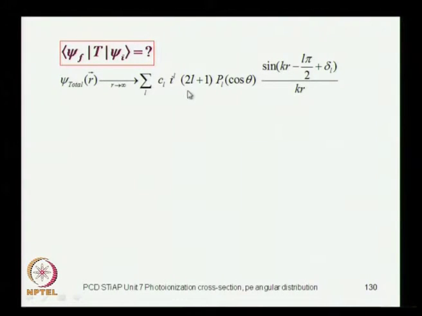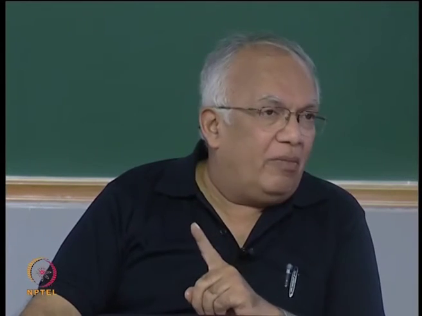This is an expansion in terms of the angular functions and the radial functions, but the expansion coefficient CL of these partial waves must be chosen according to the boundary conditions, and the boundary condition of relevance over here is the ingoing wave boundary condition. And what is that?